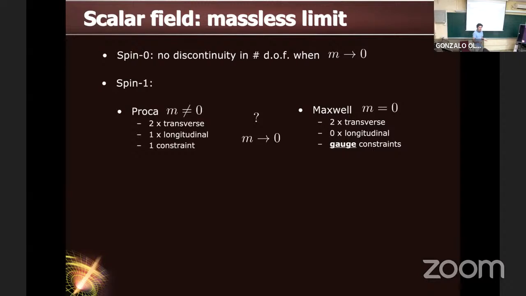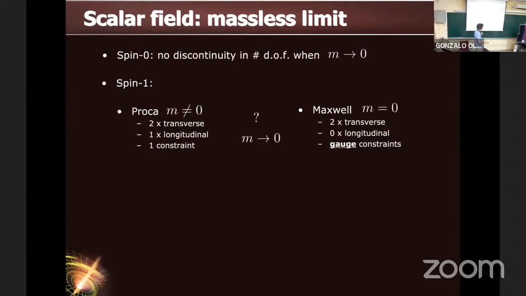So that is what you do with the adiabatic method for the scalar field. And you can do this because there is no problem once you take the massless limit. You need the mass to properly use the method, but at the end you can take the limit, and the numbers of degrees of freedom are just 1 and 1, so no problems. But for vector fields, we have a problem, because if we take mass non-zero, the most natural candidate is the Proca theory, but then you have 2 transverse degrees of freedom and 1 longitudinal, and you have an extra constraint.